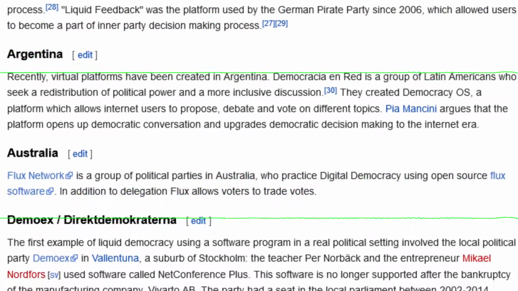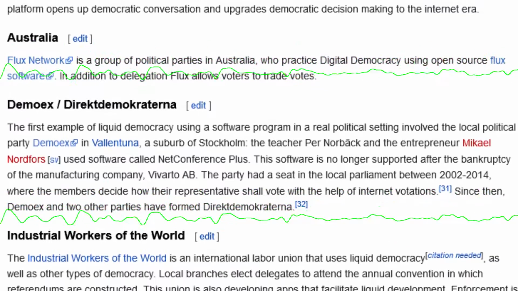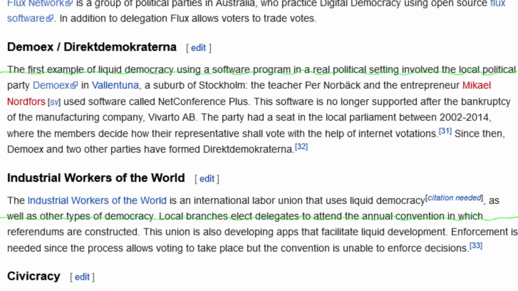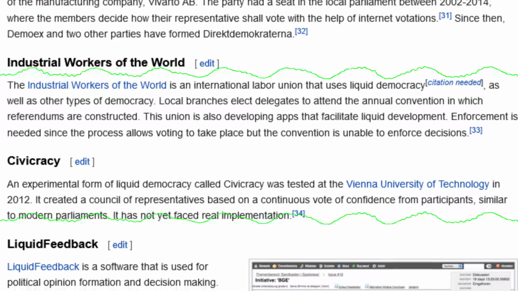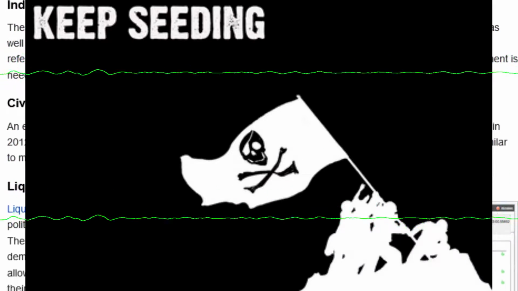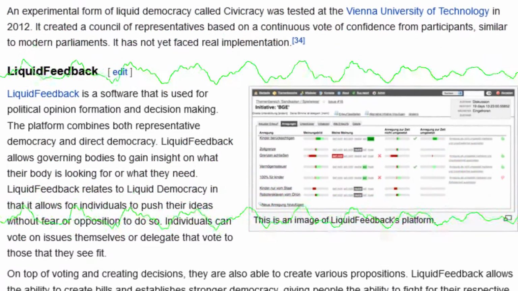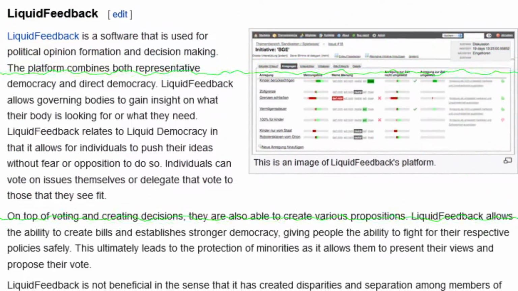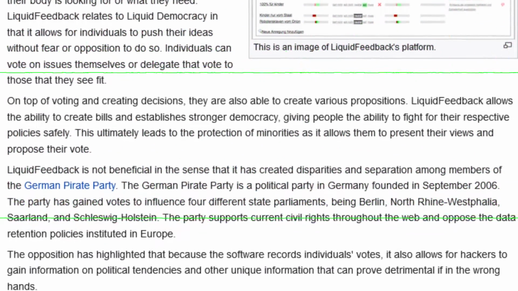It's been used internally by a number of different political parties and organizations. It's particularly popular, it seems, with the various European pirate parties. But even beyond that, there are just a number of e-voting applications and such that implement it.